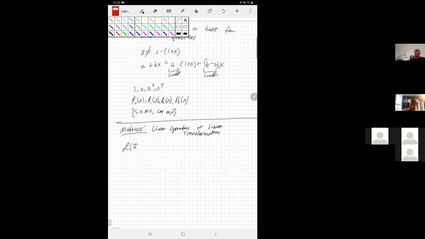L of u, if u was equal to the sum of c i times e hat i, then some linear operator acting on u gives us the sum over all of the coefficients of L sub ij, c i, e hat j. Right, what it does is it takes elements of vectors and mixes them up.